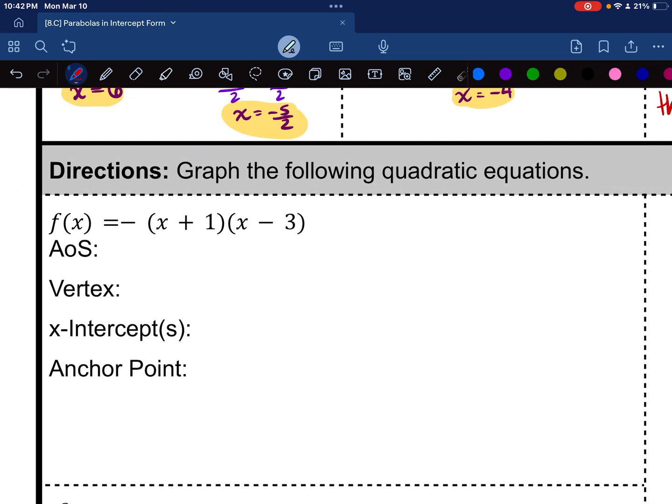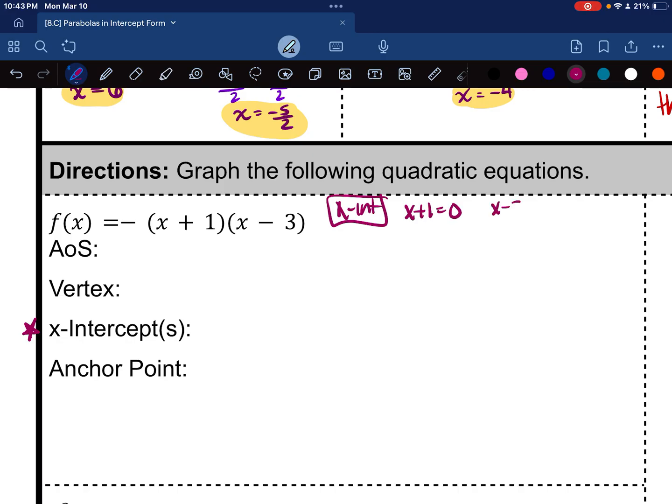Alright, so now we're going to practice our good old graphing. We love graphing. So I actually start with the x-intercepts here in the intercept form, because we need those to find your axis of symmetry. So for my x-intercepts, I'm going to take the stuff that's in parentheses, the x plus 1, and set that equal to 0.